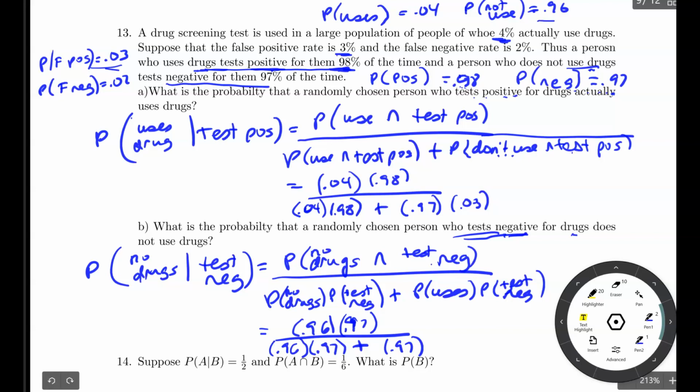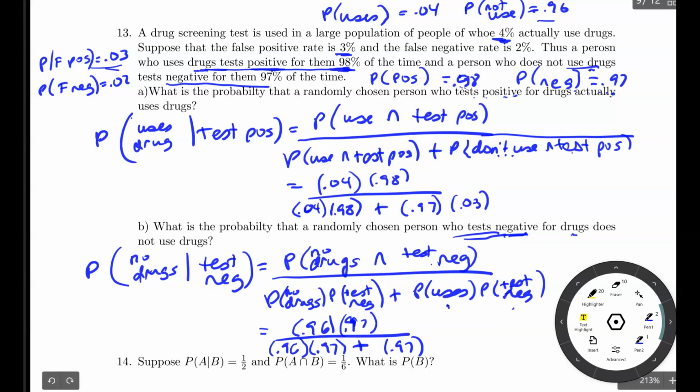No, that's the point. So 0.97 is you tested negative, times tested negative, but you use.